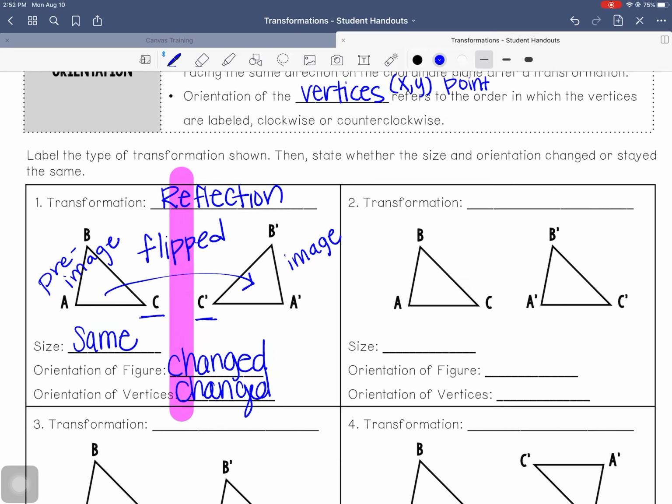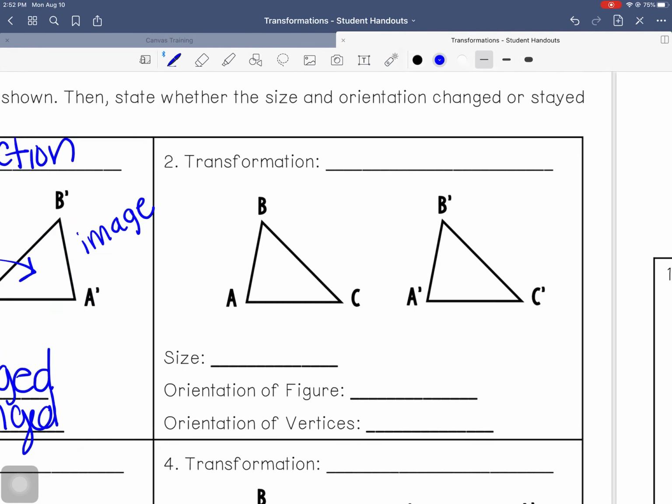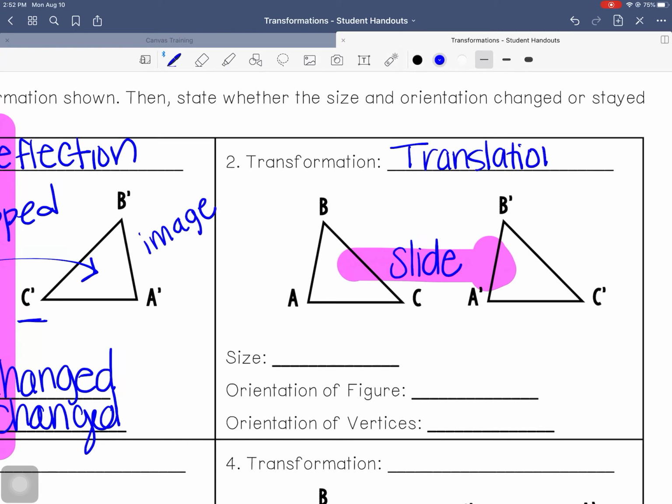All right, you ready to move on? Sure. What happened on number 2? So if I draw my line between the two triangles on number 2, it looks like the triangle just slid to the right. So to me, that is a translation or a slide. All right, did the size change or stay the same?